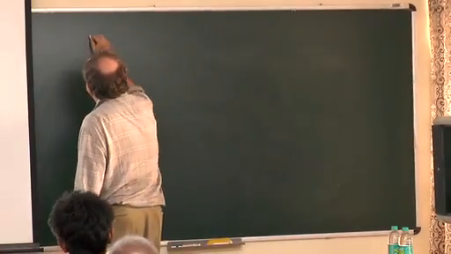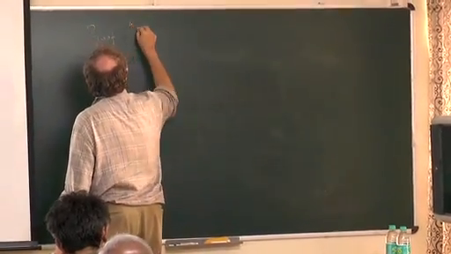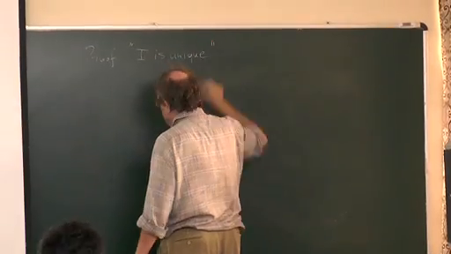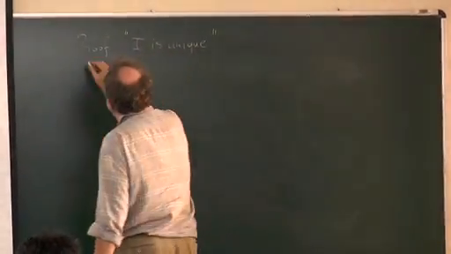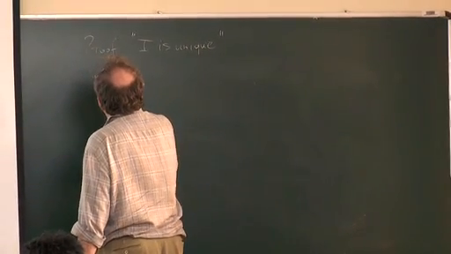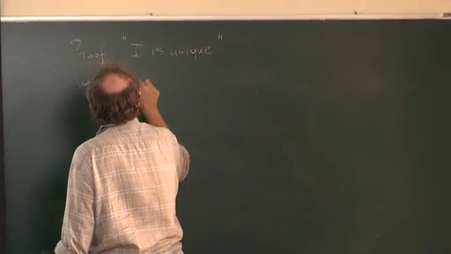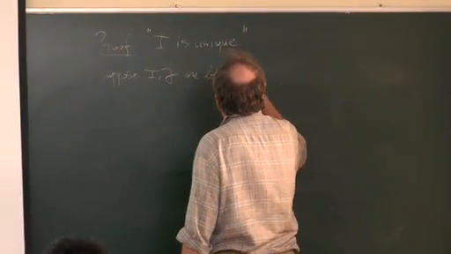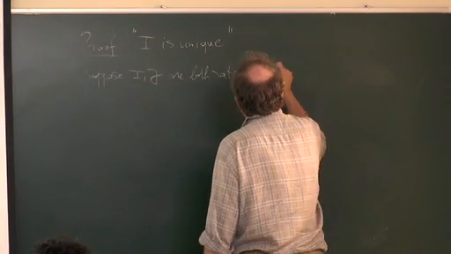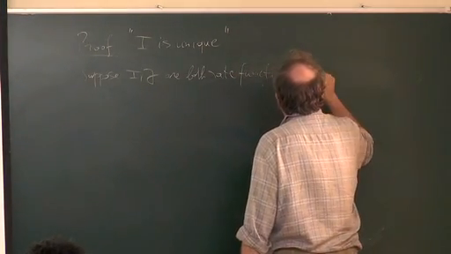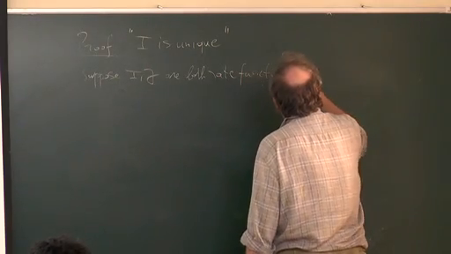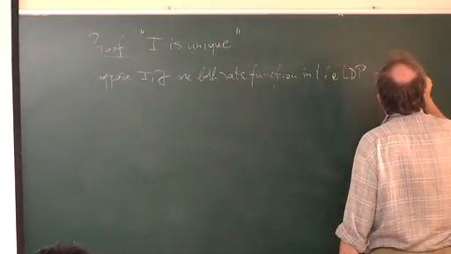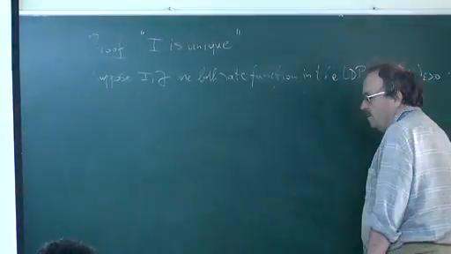So here's the proof that I is unique. What you do is you go by contradiction. You say, suppose I and J are both rate functions in the LDP of one and the same family of probability measures.